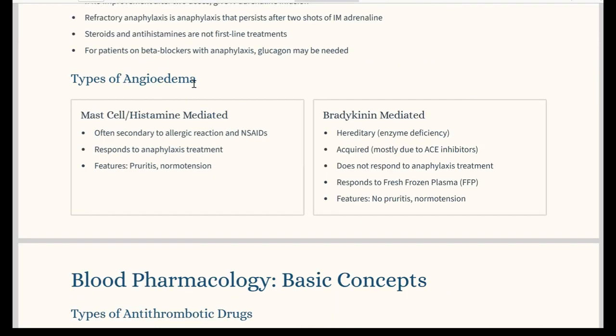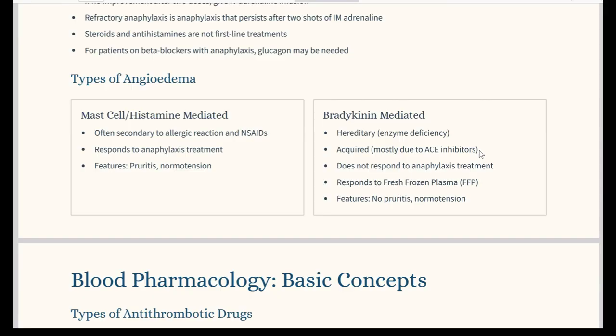Types of angioedema. They can ask you this as a physiology or pharmacology overlap. Remember this, that the allergic reactions are commonly seen with NSAIDs, which is mast cell mediated, and the bradykinin mediated can either be hereditary or due to ACE inhibitors. So if the allergic reaction or angioedema is happening because of ACE inhibitors, it will be bradykinin mediated. If it is NSAIDs, it's going to be mast cell or histamine mediated.